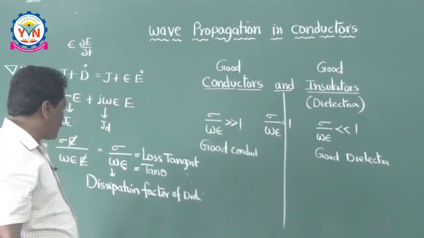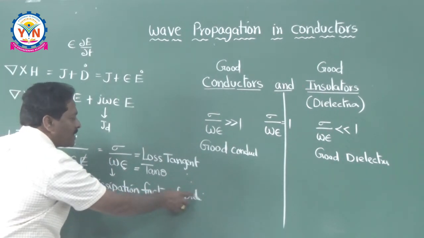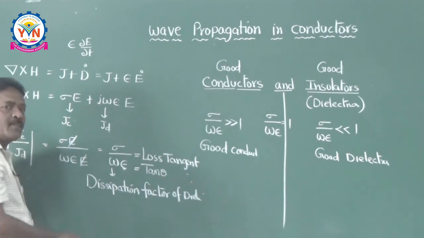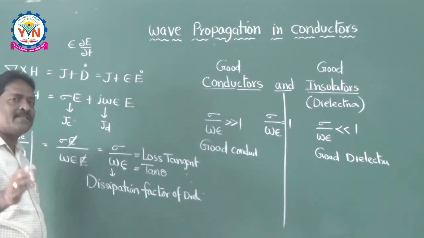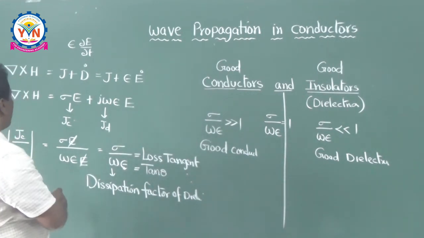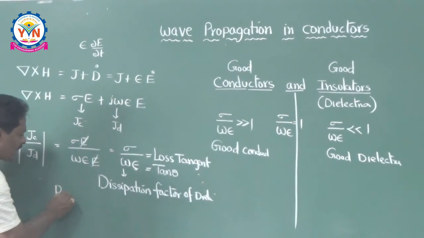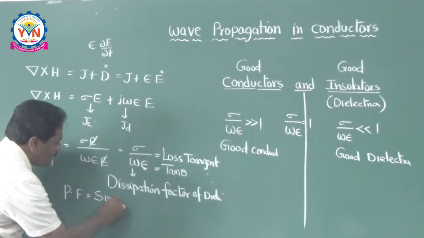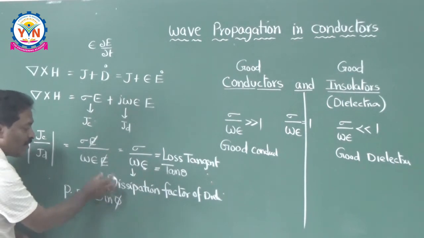And remember friends, once again, the dissipation factor of the dielectric is nothing but your tan theta. For smaller values of D, the power factor and dissipation factor are the same for dielectric materials. For lower values, the power factor of the dielectric is equal to sin phi.